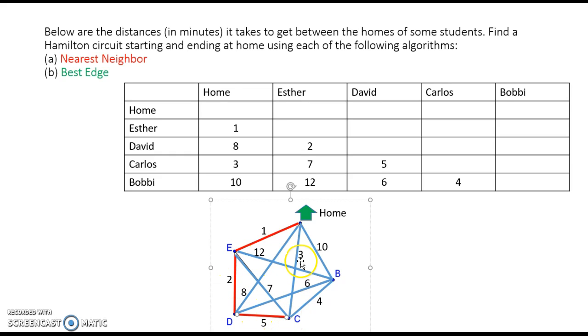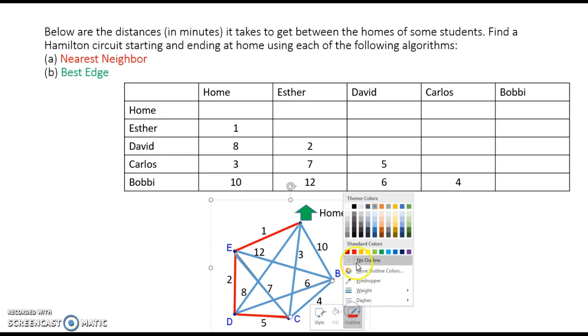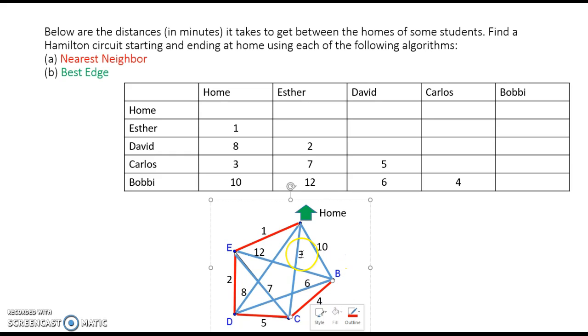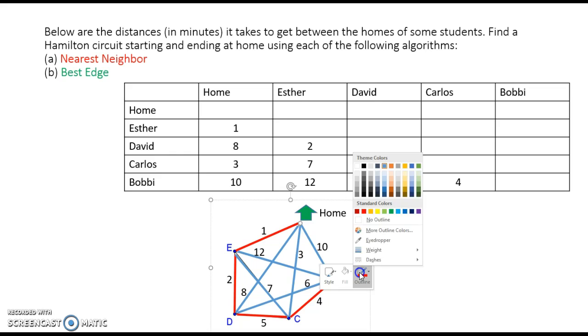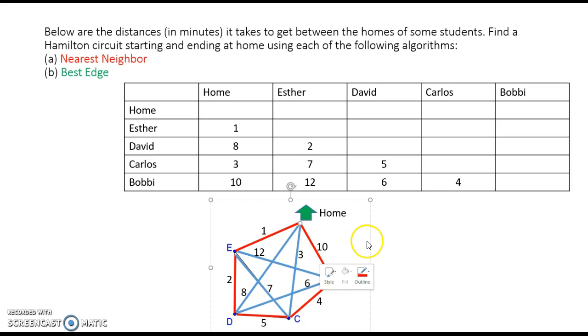So we can't choose that 7 or that 3, meaning that we need to choose this 4 here. And from this point, we visited all the vertices here, so we really don't have any choice. We just have to go back home. Notice it is kind of a long way home here in terms of the minutes, but we don't have a choice at this point, and now we've completed our circuit.